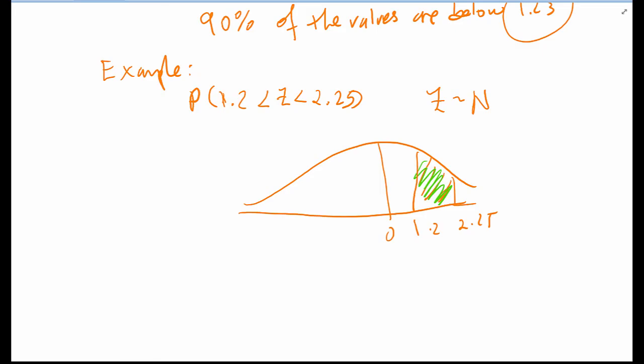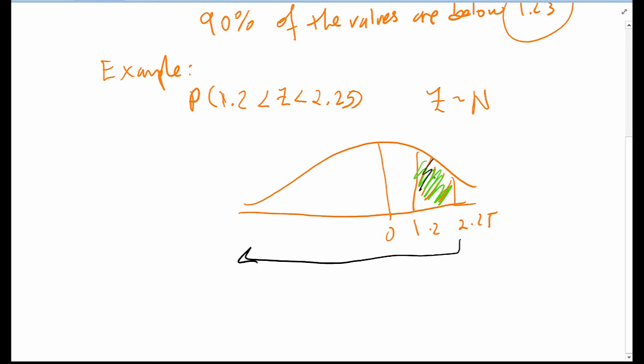So that's the region that we are referring to, this region right here. Obviously that's less than 50%, but how do we use the table? One way is to go to the positive table and read the area below 2.25. That is all this area, which is too much.